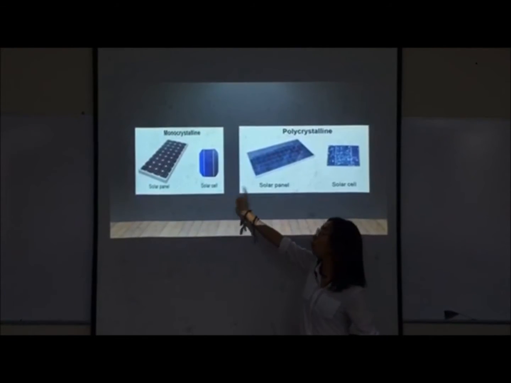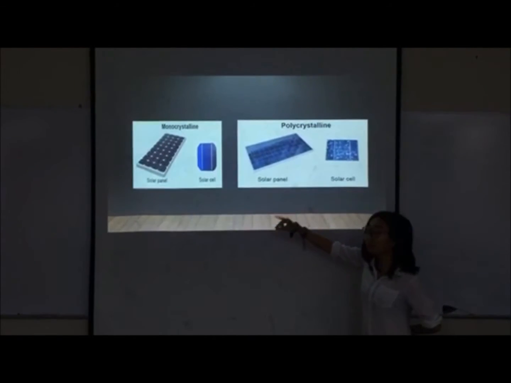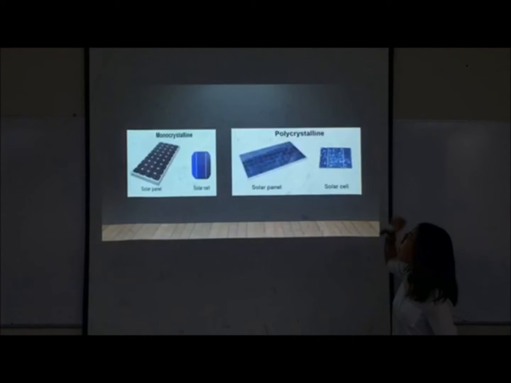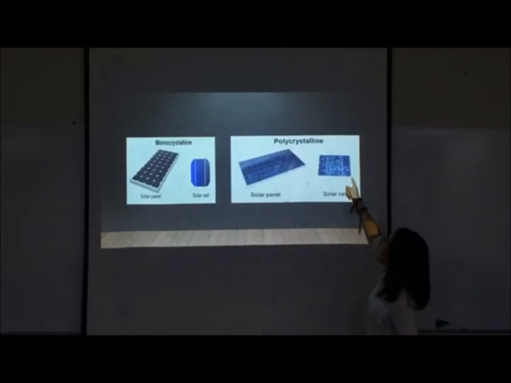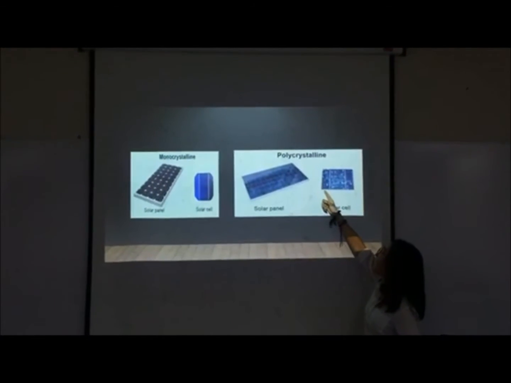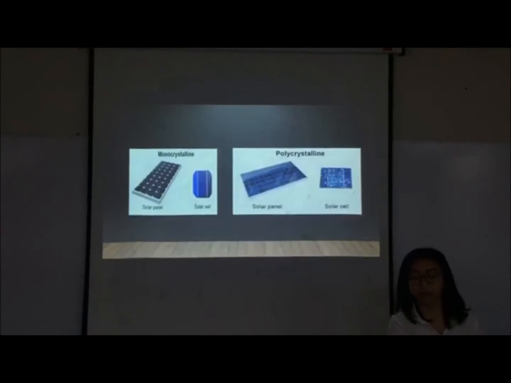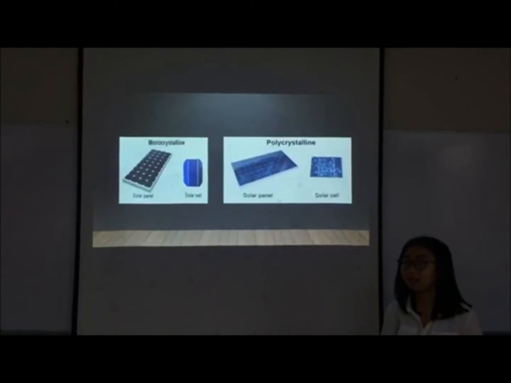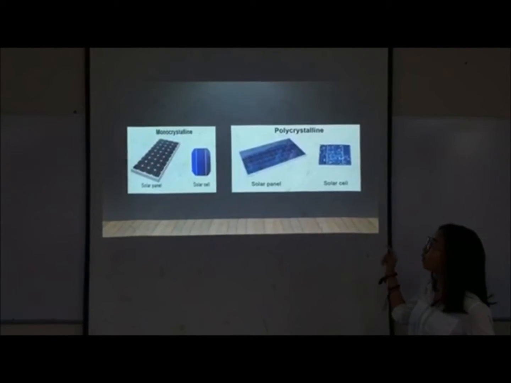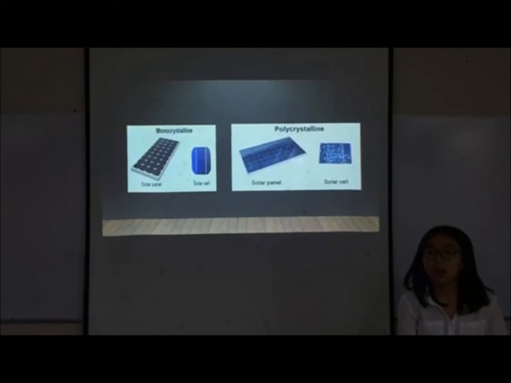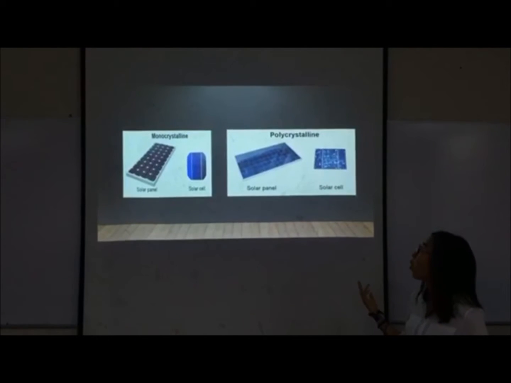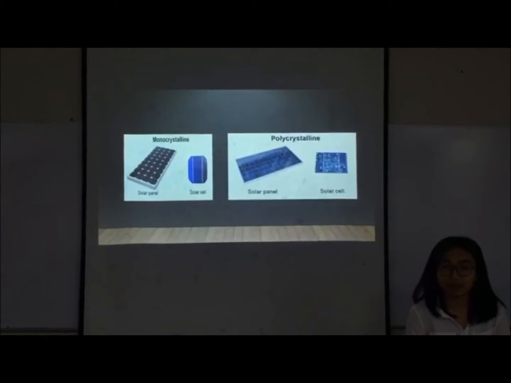This creates waste. For the polycrystalline solar panel, the shape remains the same because it is not being cut. So as a comparison, the waste for the monocrystalline is more than for polycrystalline.